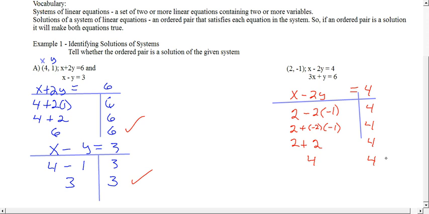Okay, let's extend my little line, and we just try to stay in format. So this is telling me that the ordered pair (2, -1) so far satisfies the first of our system, x minus 2y is equal to 4.